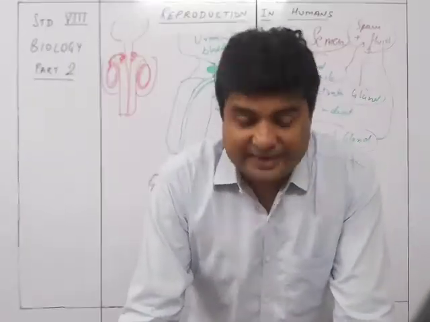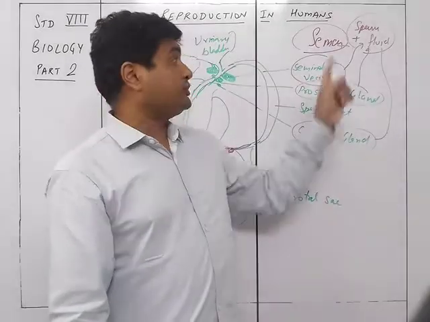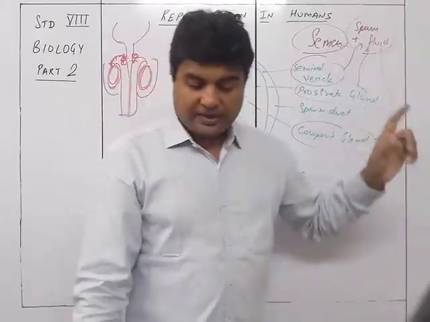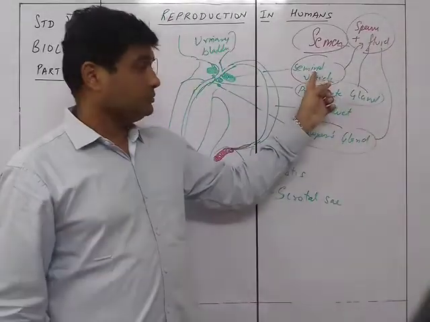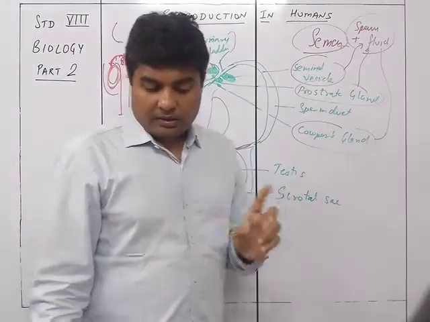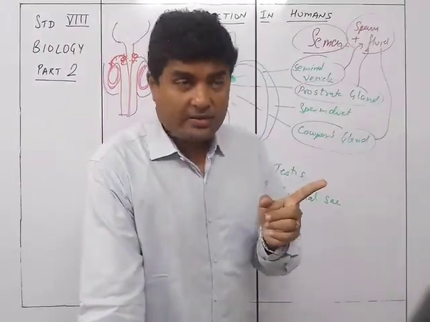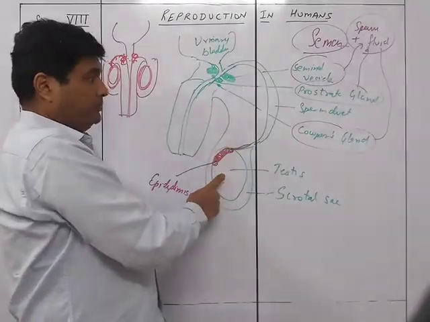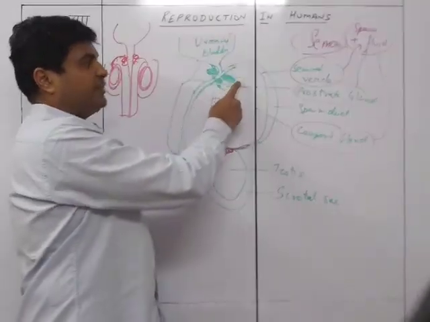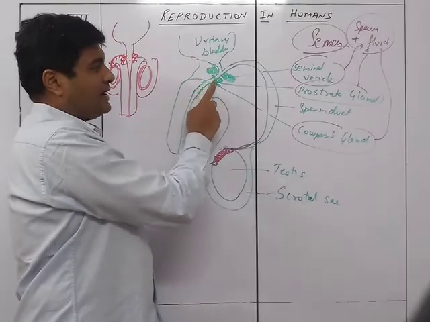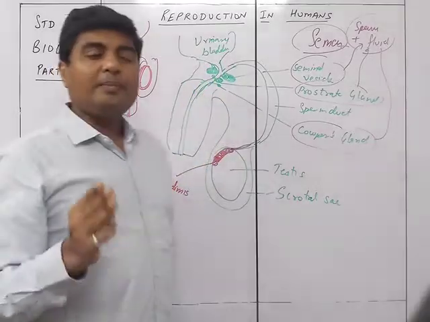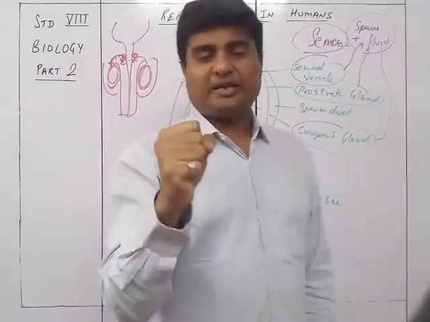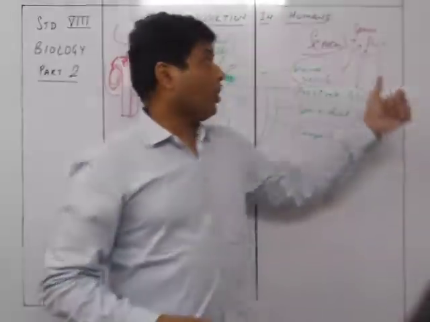Hence we see the semen is a mixture of sperm and the secretions from the seminal vesicle, prostate gland and Cooper's gland. The combined secretion of these three with the sperm is called semen.